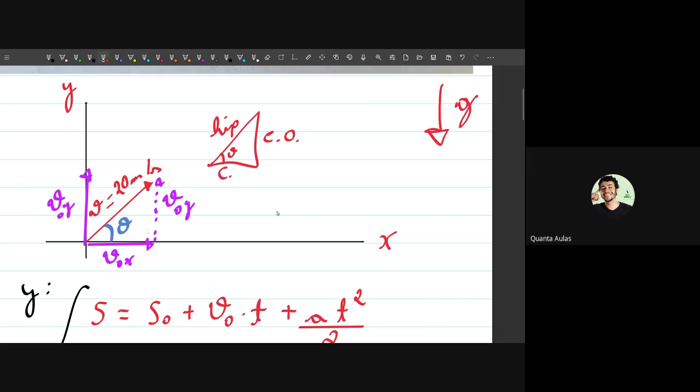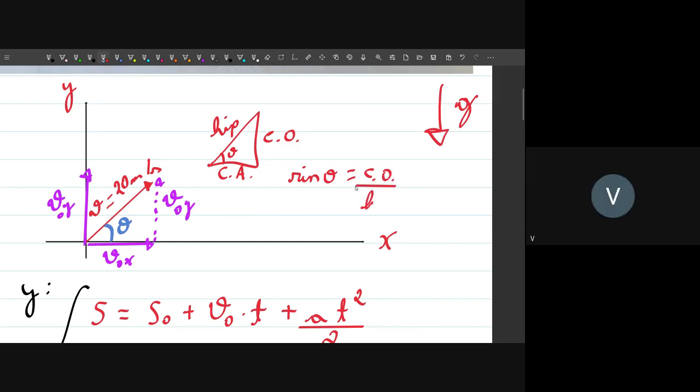This is the adjacent leg. And we know the rules of sine and cosine. Sine and cosine are the important ones here. The other trigonometric functions are useless here. We just need sine and cosine. The math in physics is easier.